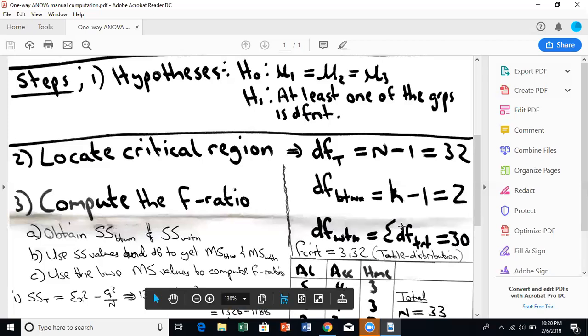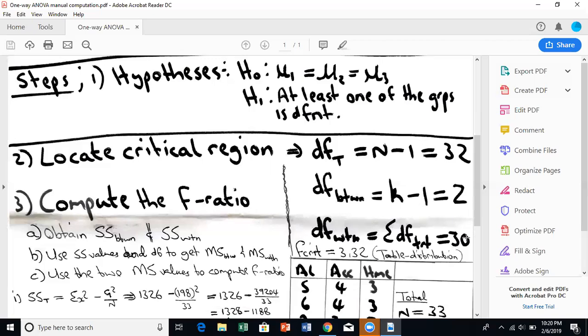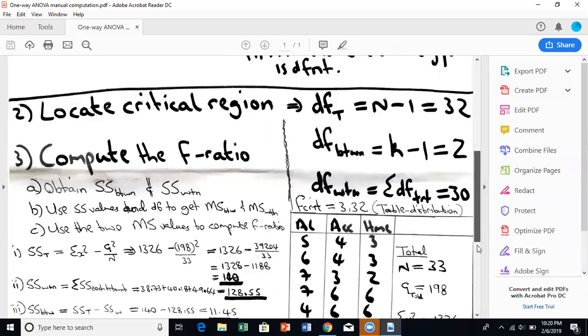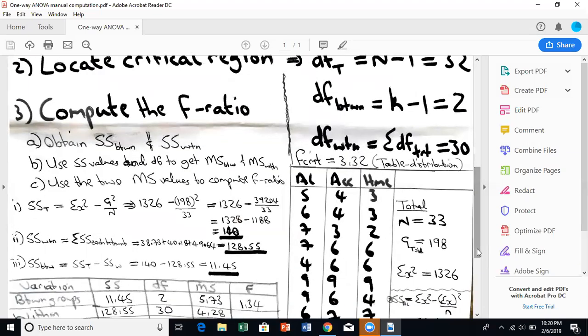And then the degrees of freedom within, so it's the sum of the degrees of freedom. That's n minus 3, so that's 30. It's the number of participants minus the number of groups. So there's an implication: if you add more groups for a condition, it can affect the outcome of the F ratio.